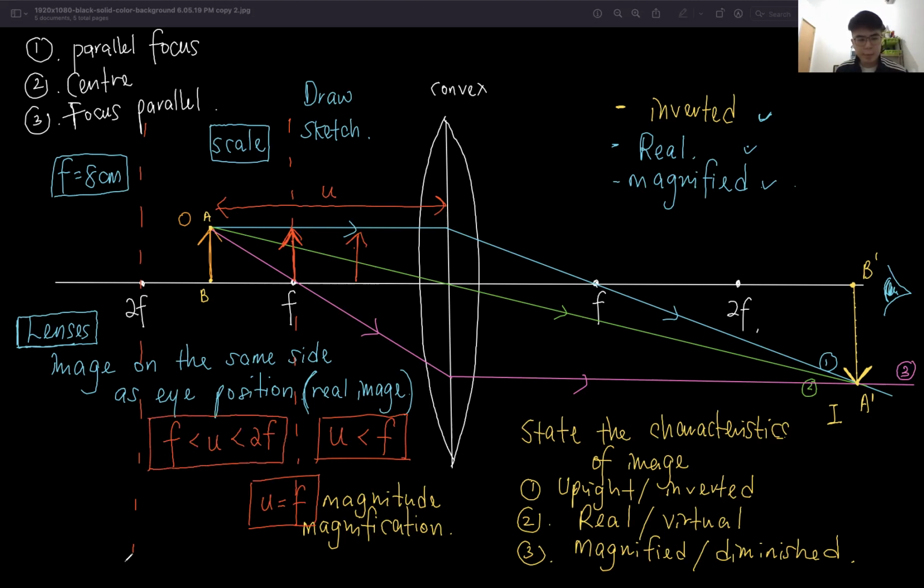And then again, we have U equals to 2F. What else? Going further than 2F, we got U bigger than 2F. And we have the last one, U equals to infinity.